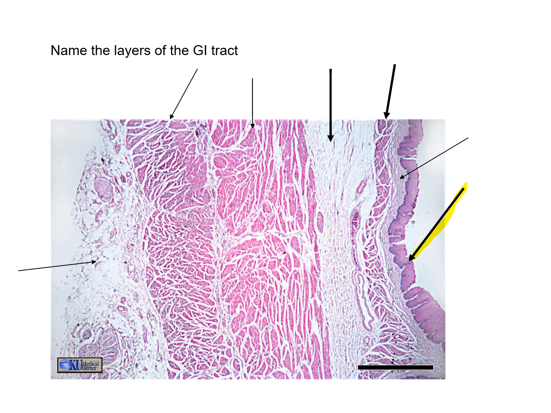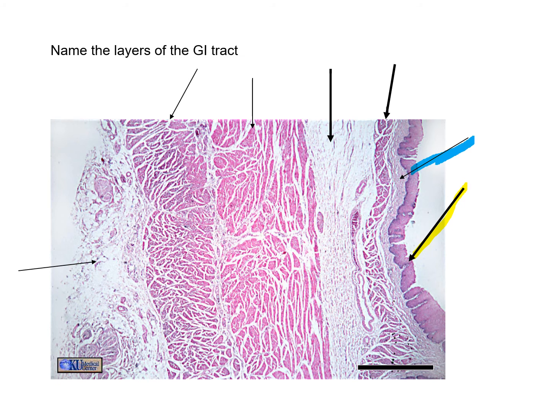It is simple columnar. Now, what about the second arrow that I'm highlighting in blue? Submucosa? That is actually the basal lamina that the epithelium anchors into. We're not to the submucosa yet.